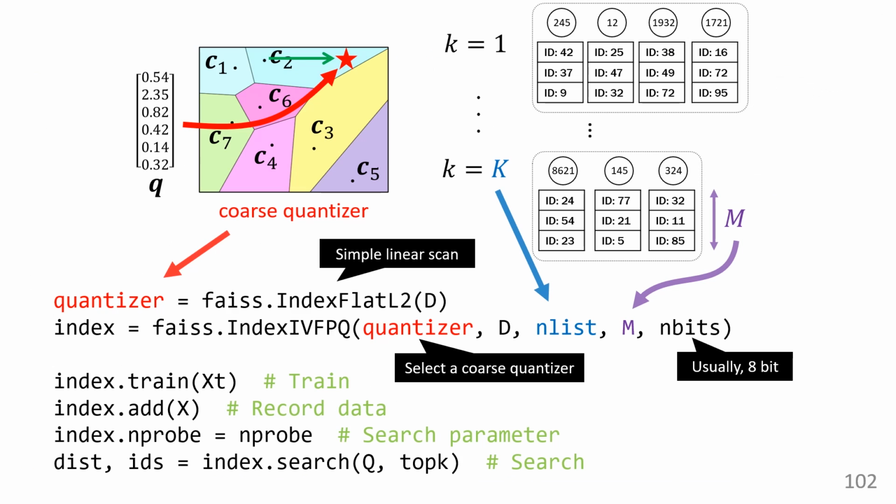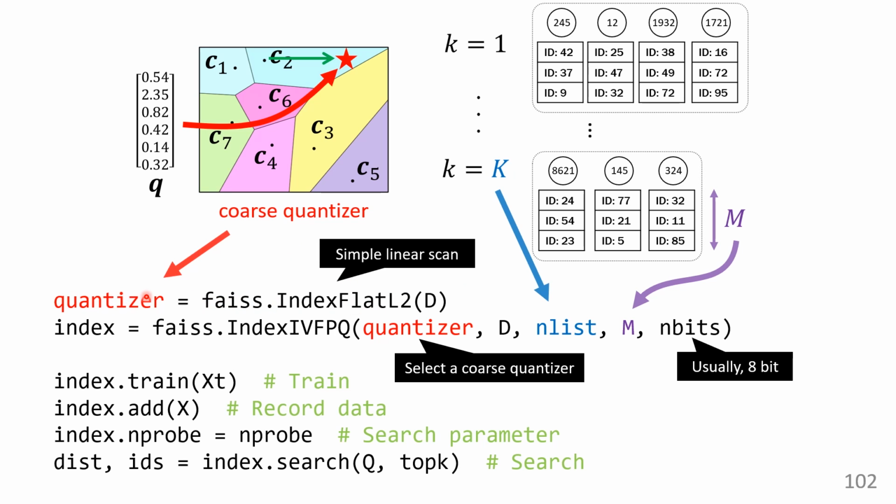In terms of programming, what I explained previously is written here. We first define the coarse quantizer here, but this is actually exactly the same as simple linear scan. We can create a simple linear scan with IndexFlatL2 and set it as the quantizer.